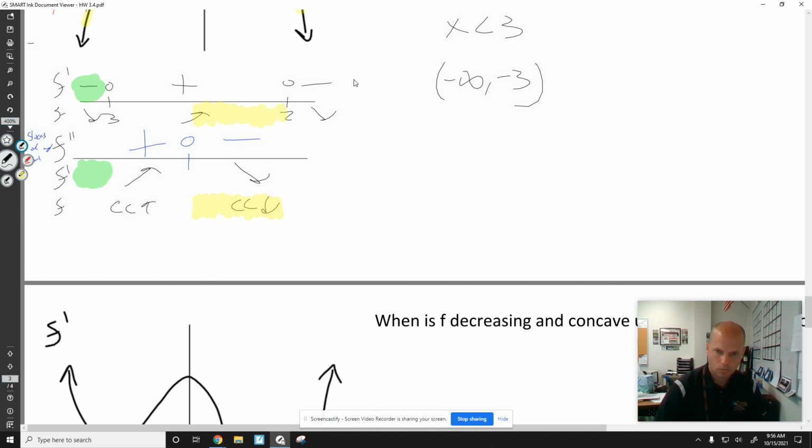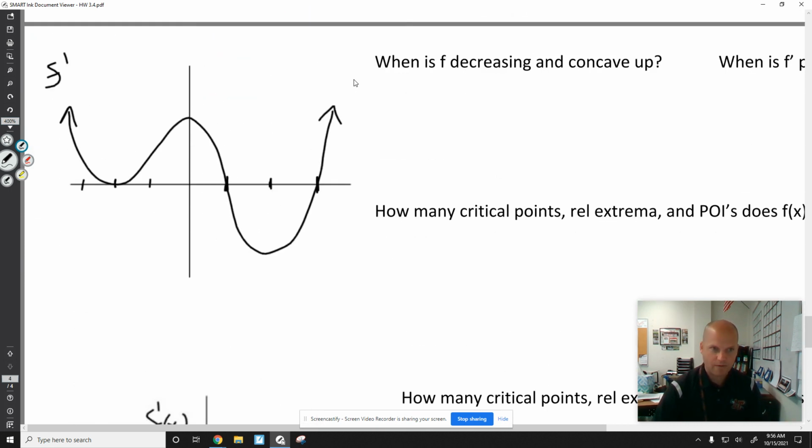Cool? Cool. Here's another graph of f prime. Okay? So look at y values. Look at slopes of f prime or whether f prime is increasing or decreasing.